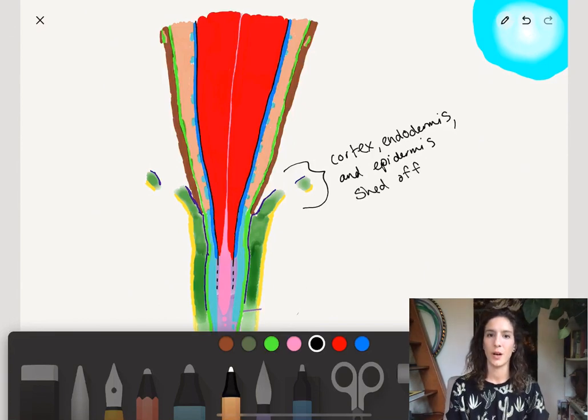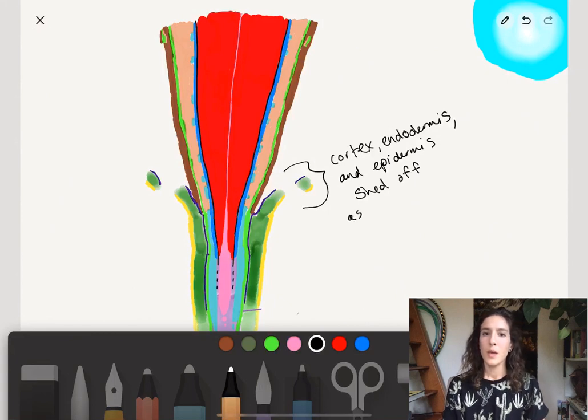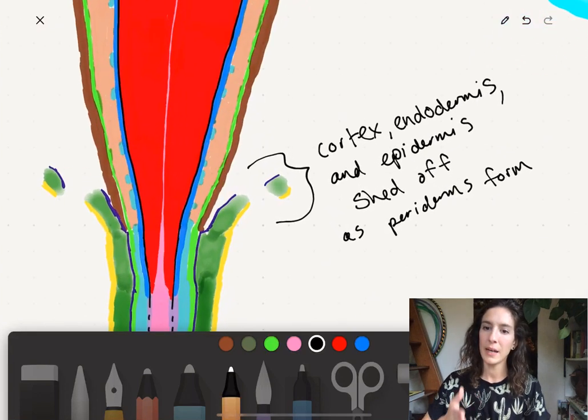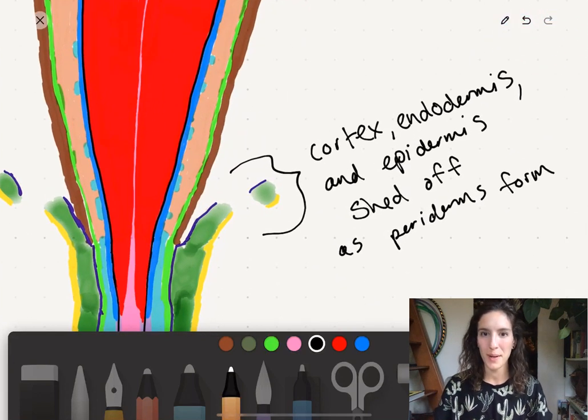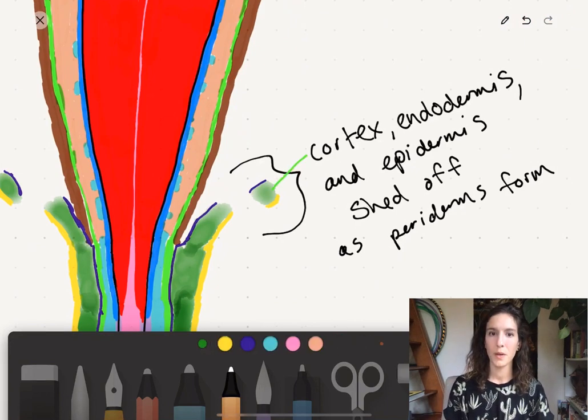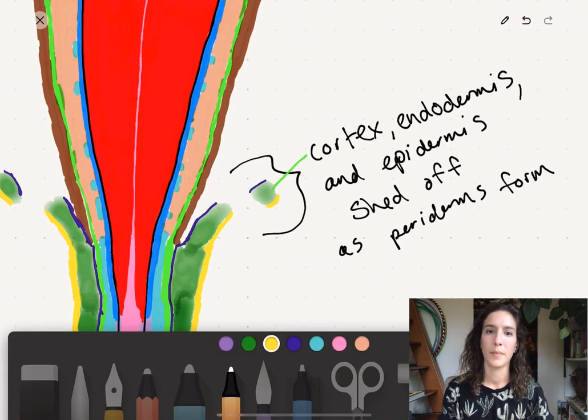Totally just shed off. No longer needed. And that's happening as the cork cambium is expanding. And the cork cambium and its products together are called periderm. When there are multiple layers of the cork cambium and its products, they're called multiple periderms.